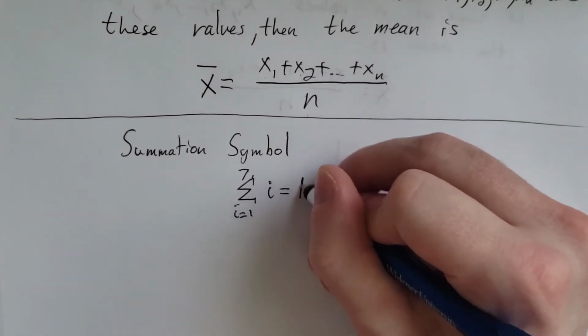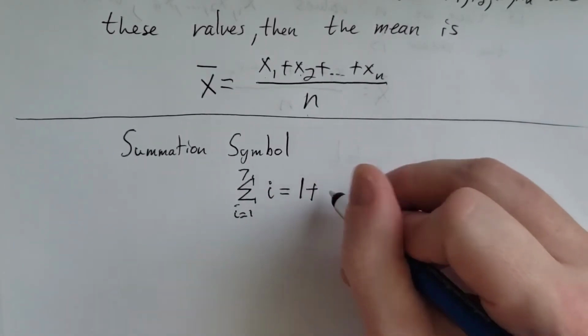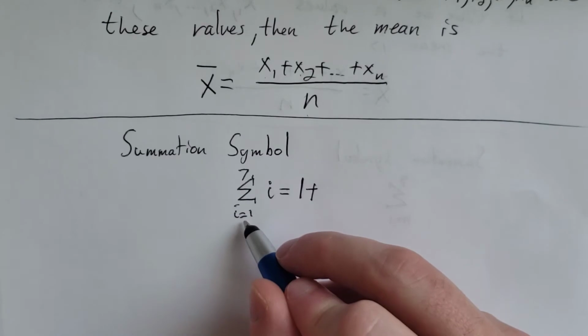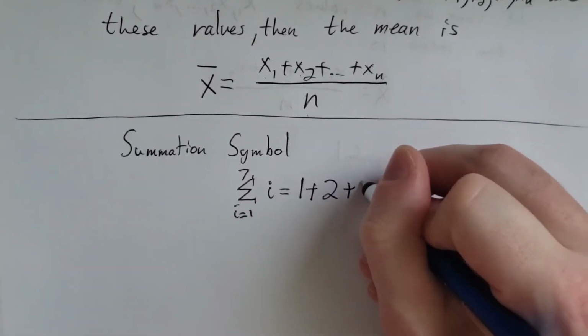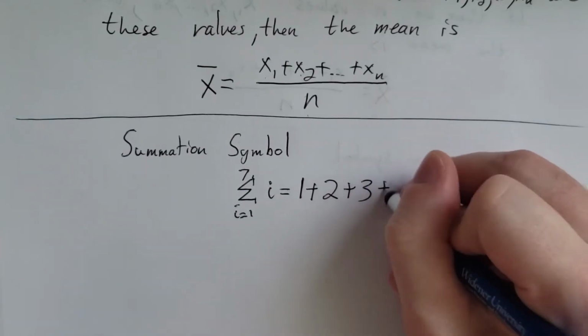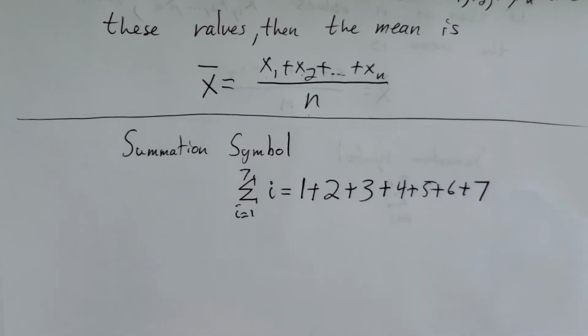We go 1, then we put a plus and write the next one. i iterates up by 1, so this becomes 2, plus 3, and we do this until we get to 7.